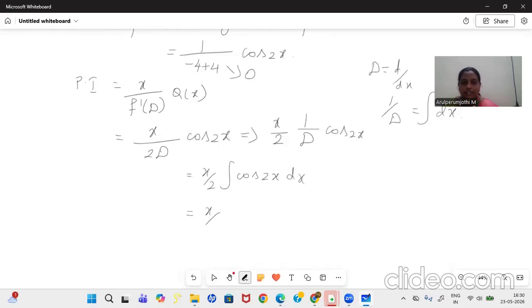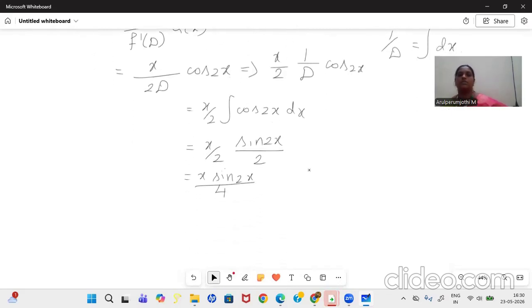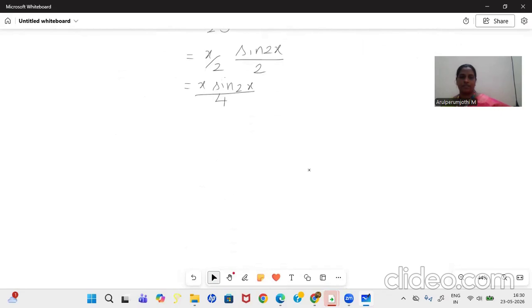Okay. So it is x by 2. So what is integration of cos x? It is sin x. So it is sin 2x divided by 2. So now this can be written as x sin 2x divided by 4. So now this is your PI. Okay.